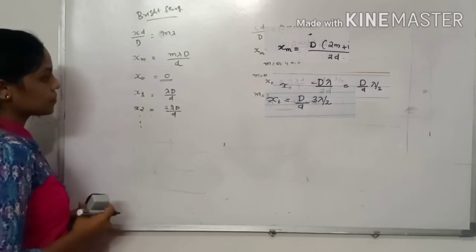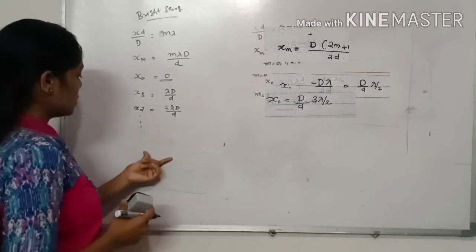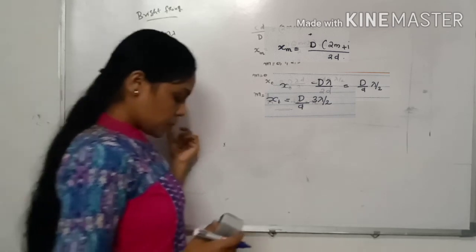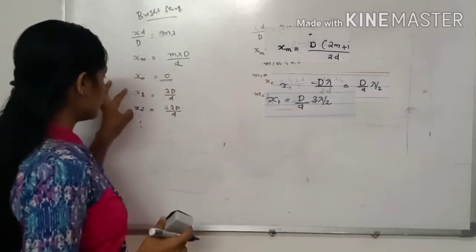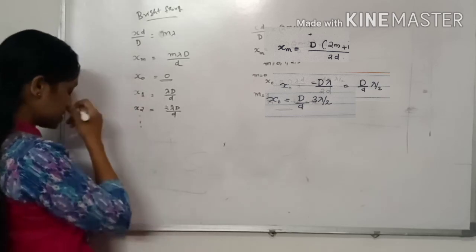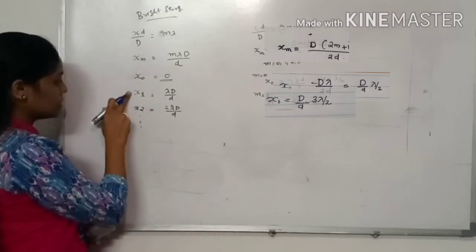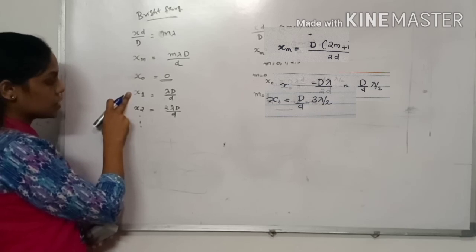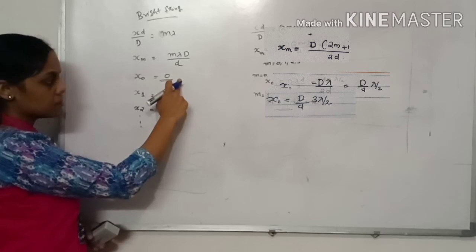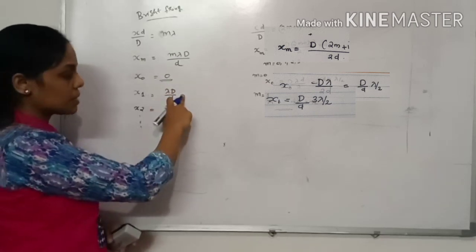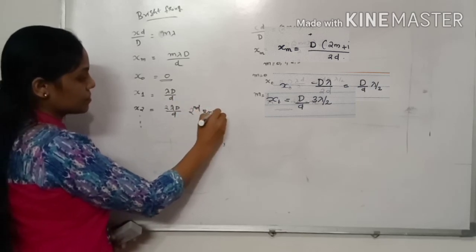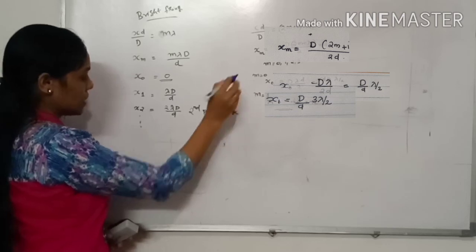Once you take the difference between the positions x1 and x2, you will get like this. This is the central maximum, this is the first bright fringe, and this is the second bright fringe, like that.